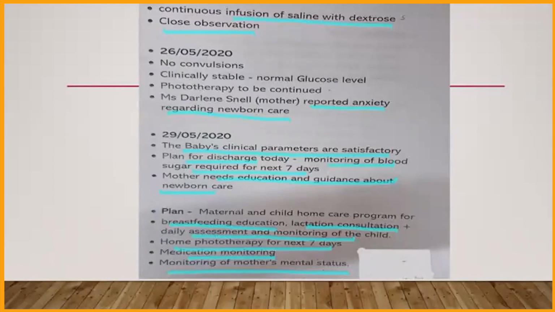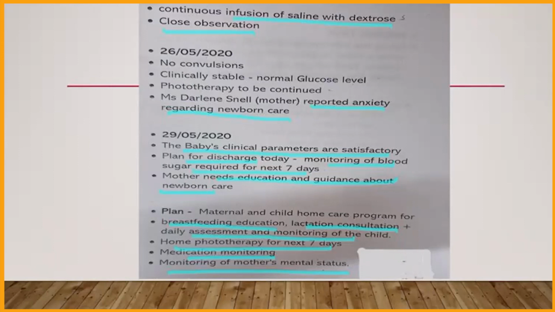It is clearly given: daily assessment and monitoring for the child, and education regarding what? Breastfeeding. Needs education and guidance about newborn care. That is also written in the 29th. So actually that can be written very clearly in the introduction. You don't have to go searching for that.